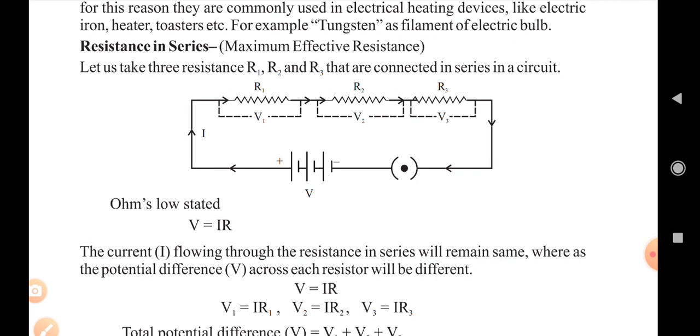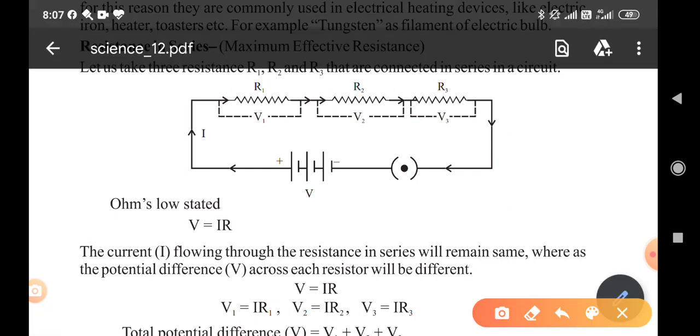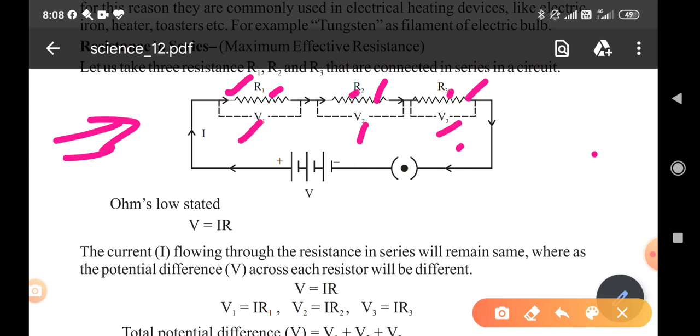Let us take three resistances R1, R2 and R3 that are connected in series in a circuit, like this diagram. It means the same current flows through R1, R2 and R3, but there is a different potential difference across the three resistances.